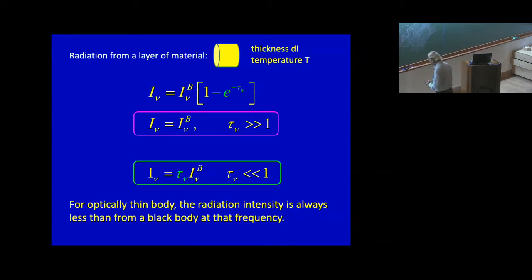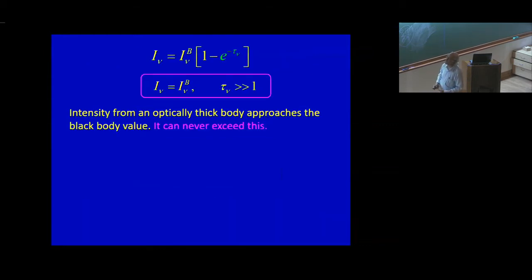And this is called the black body limit. So here I have written the same thing. I have summarized for you in words. The intensity from an optically, that's a mistake, no, this is correct. I am repeating the whole thing again. The specific intensity from an optically thick body approaches the black body value.